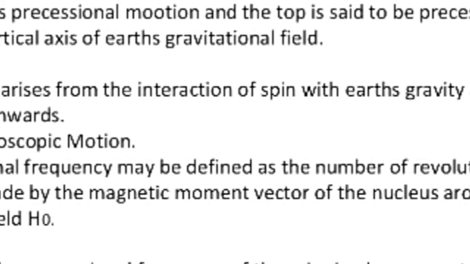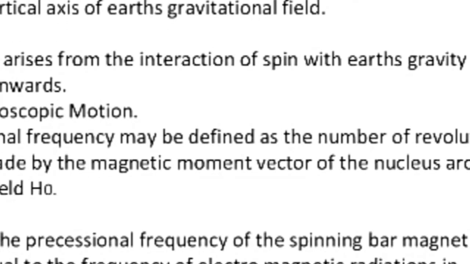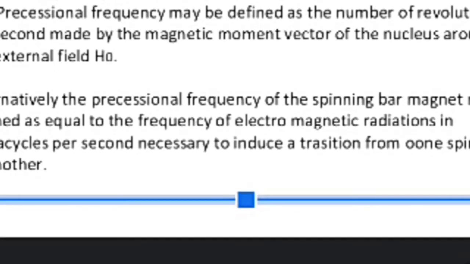The precession arises from the interaction of spin with Earth's gravity acting vertically downwards. It is called gyroscopic motion. I repeat, the precession arises from the interaction of spin with Earth's gravity acting vertically downwards, which is called gyroscopic motion.